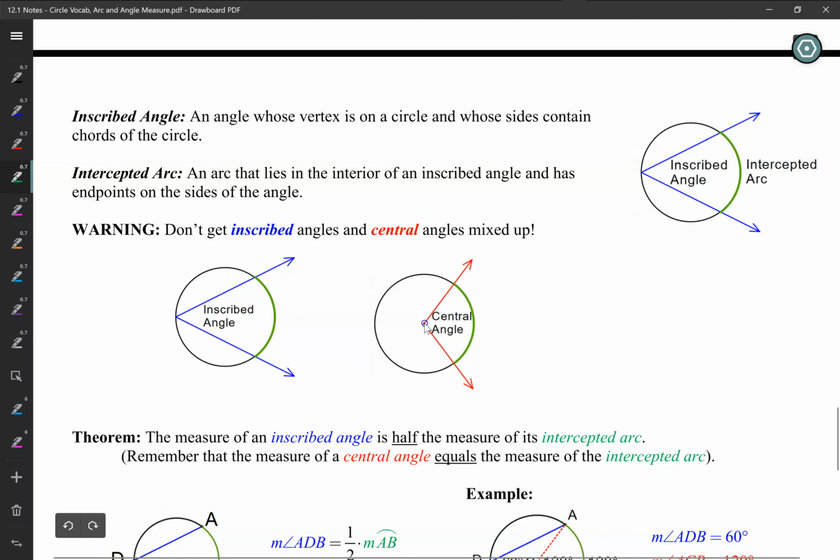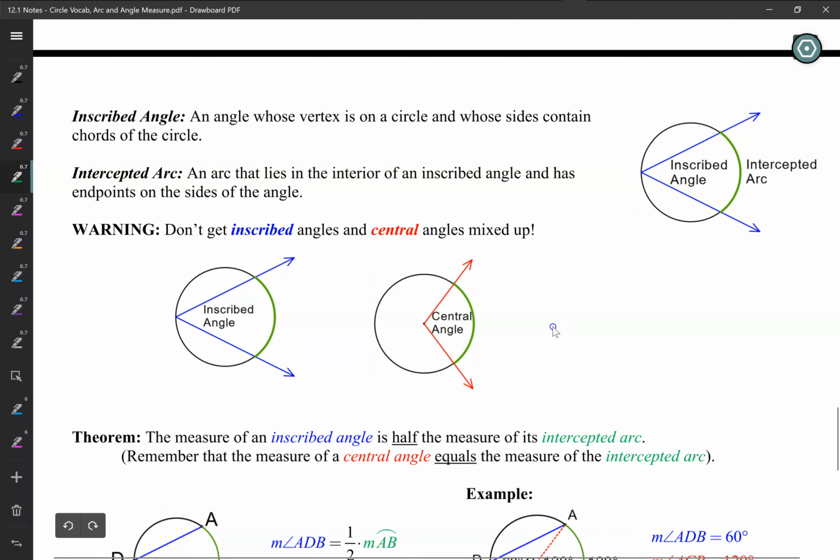Central angle, the vertex was at the center, and the two sides were radii. An inscribed angle is a little bit different. An inscribed angle, the vertex isn't at the center, the vertex is on the circle. And the two sides aren't radii, the two sides are chords, or they have chords of the circle. That part is a chord. And then it has a little bit more. So the two sides have chords of the circle as part of the side.